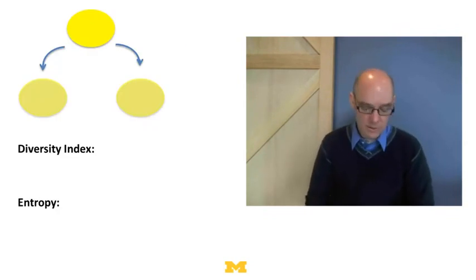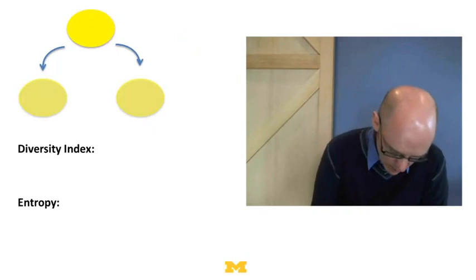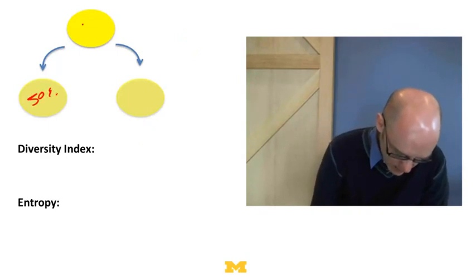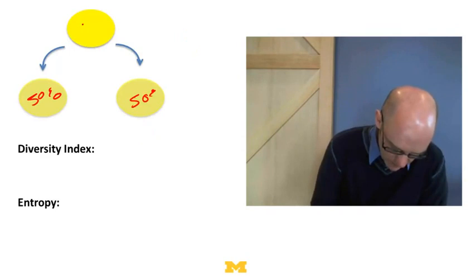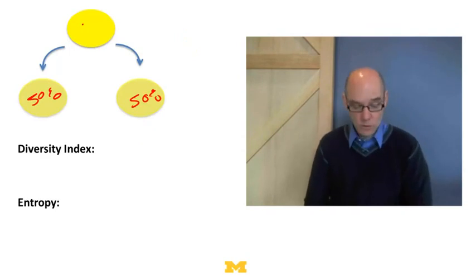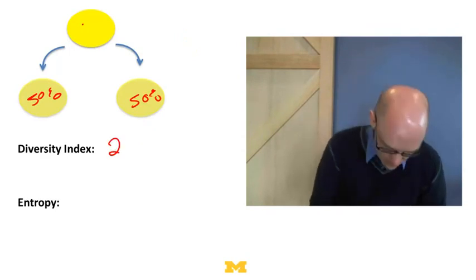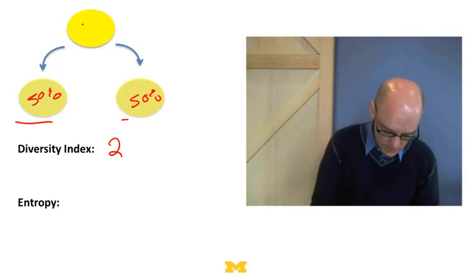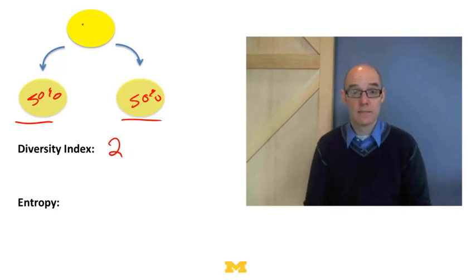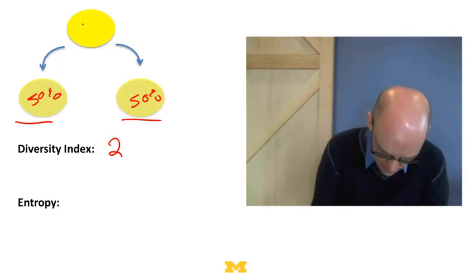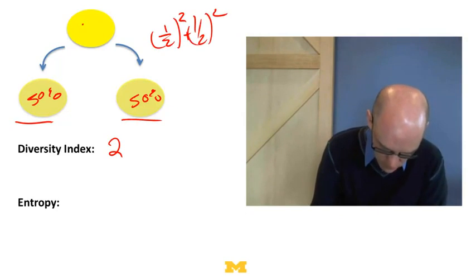So let's see this in action from our first example. Remember we had initially, it was sitting up here, and there was a 50% chance it goes here, and a 50% chance it goes here. So the diversity index in this case would be 2, right? Because there's 2 outcomes, and each one is equally likely. And so if we did our formula, we'd just get 1/2 squared plus 1/2 squared, which is a fourth plus a fourth, which is equal to 1/2.